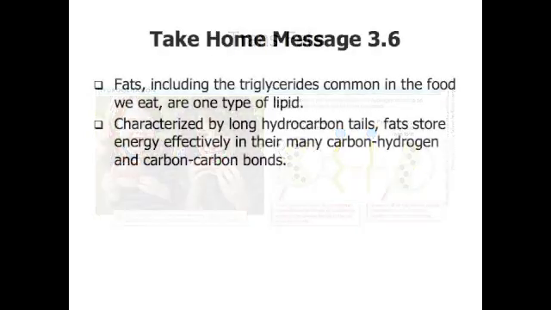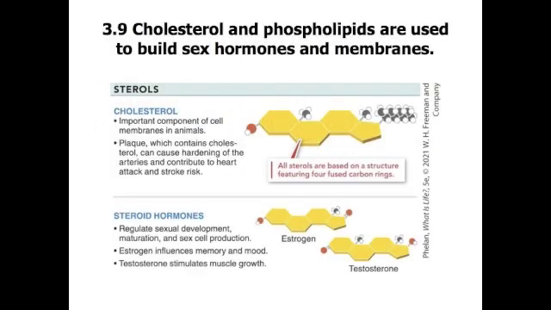And that brings us to our take-home message for 3.6. That is, fats, including the triglycerides common in the foods we eat, are one type of lipid. They are characterized by long hydrocarbon tails, and fats store energy effectively in their many carbon-hydrogen and carbon-carbon bonds. Moving on, not all lipids are fats, nor do lipids necessarily function in energy storage.